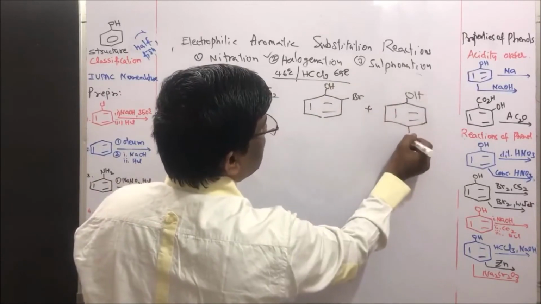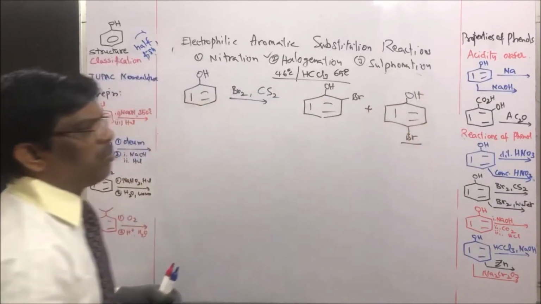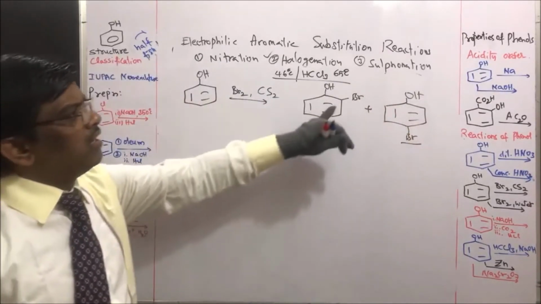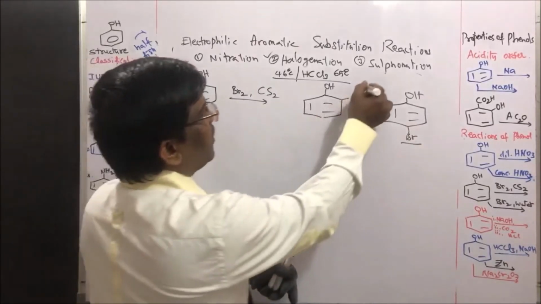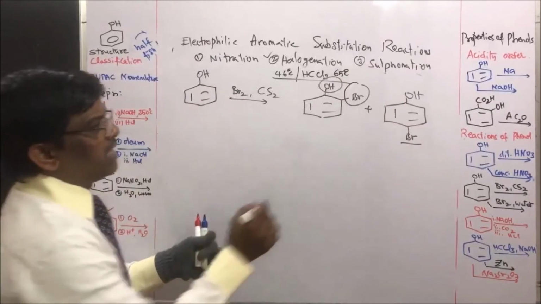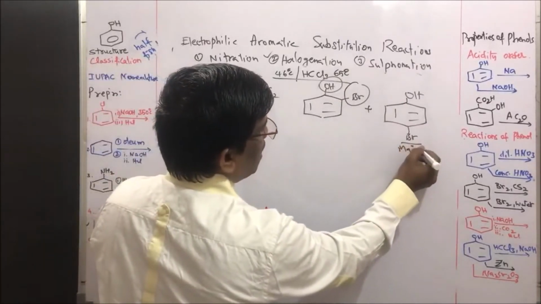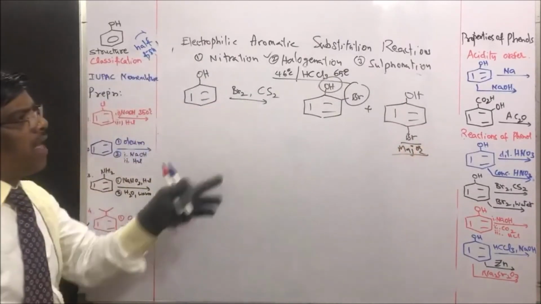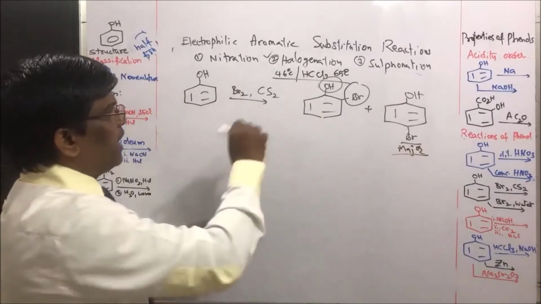However, para bromo compound is formed as the major product because bromine is a very big molecule; though the ortho forms, the amount is going to be less. So para is going to be major, and it is solvent dependent.